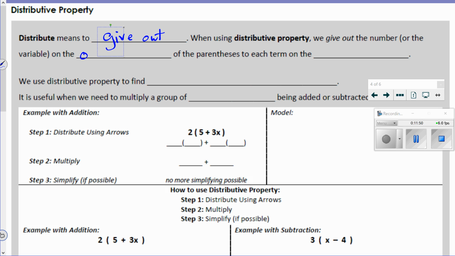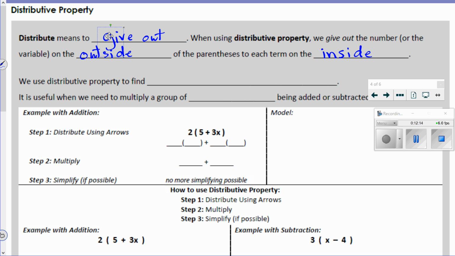Okay? Yes, Miss McShann does not like it on the right, but they will do that. Okay? But it's whatever number's on the outside, that's the number we're distributing. Okay? And we distribute that to each term on the inside. So distributive property is really just about putting these numbers back together.